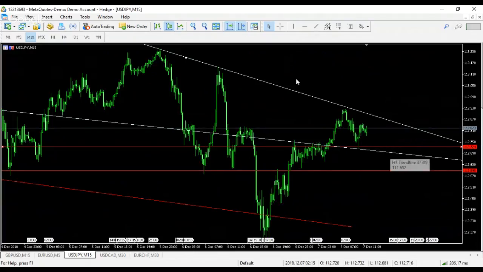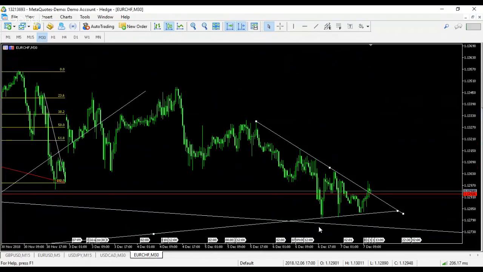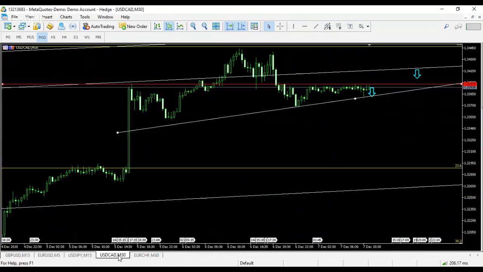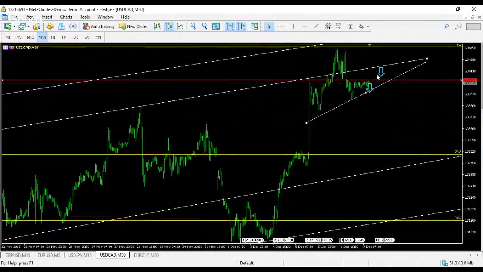It is going down, which is exactly what we are waiting for at the USD CAD, which is this one here. The retracement will most probably stop where the second arrow pointing down is, and that would be a confirmation for a sell.